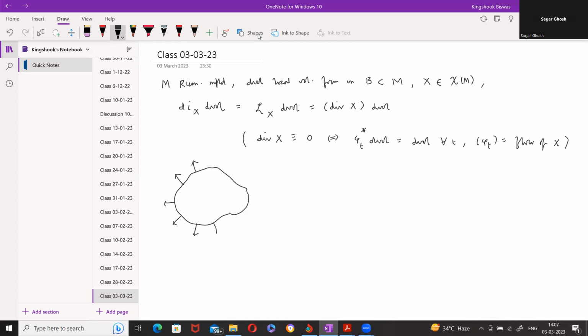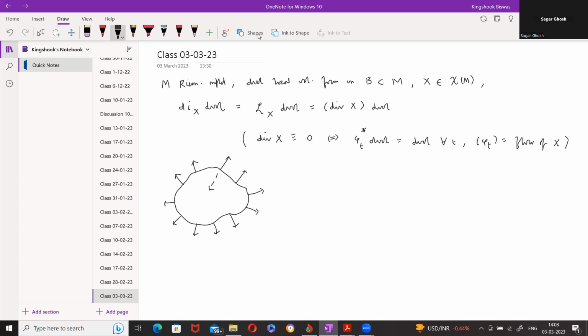If your manifold is oriented, then using the orientation, you can choose at each point an outward unit normal, right? It's defined by the fact that at any point there are two choices of a unit normal, either outward or inward. So how do you say which is outward?